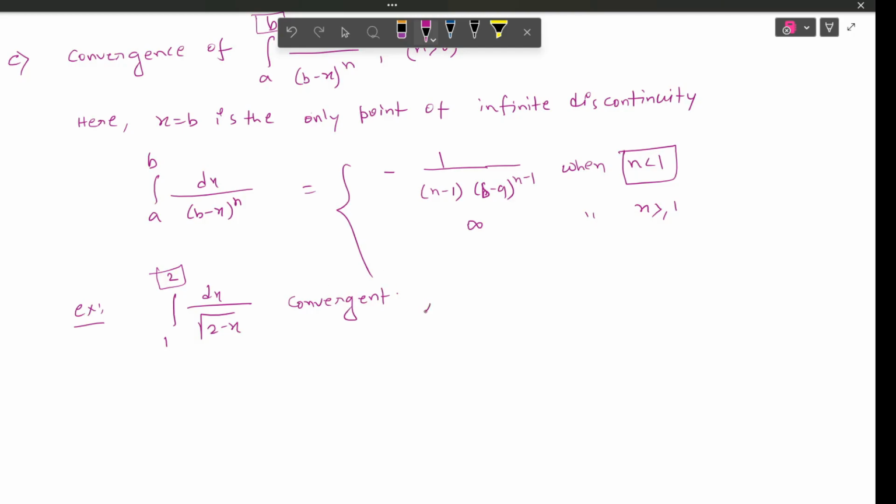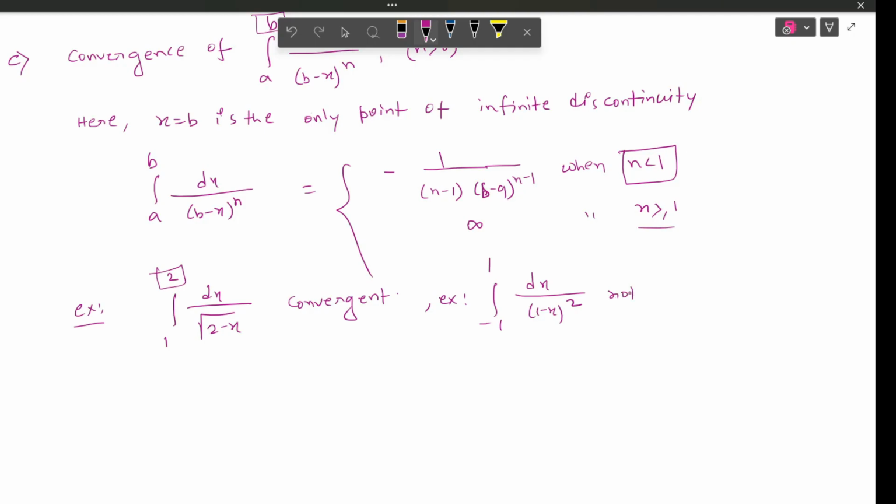Okay. Now if we take another example, tell me whether this is convergent or not: dx by 1 minus x square. See, it is also in the same format, right? b minus x. So here b is 1, 1 minus x to the power n with n greater than 1, so it will be infinite.